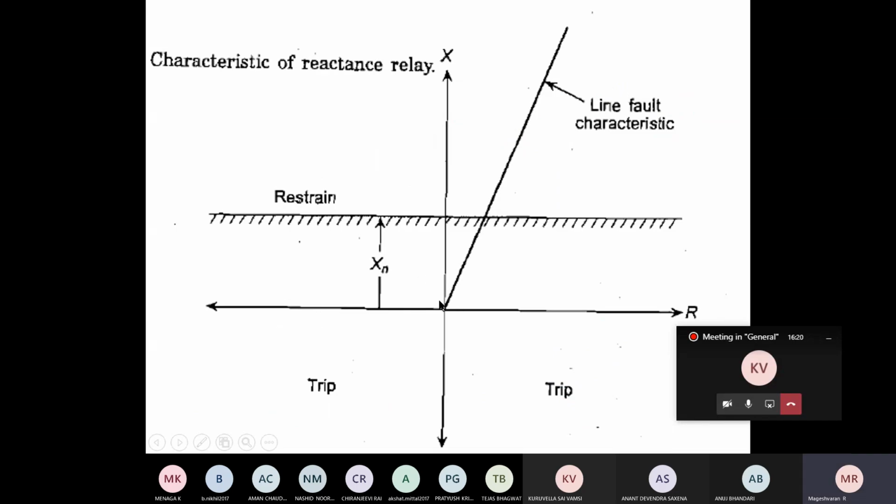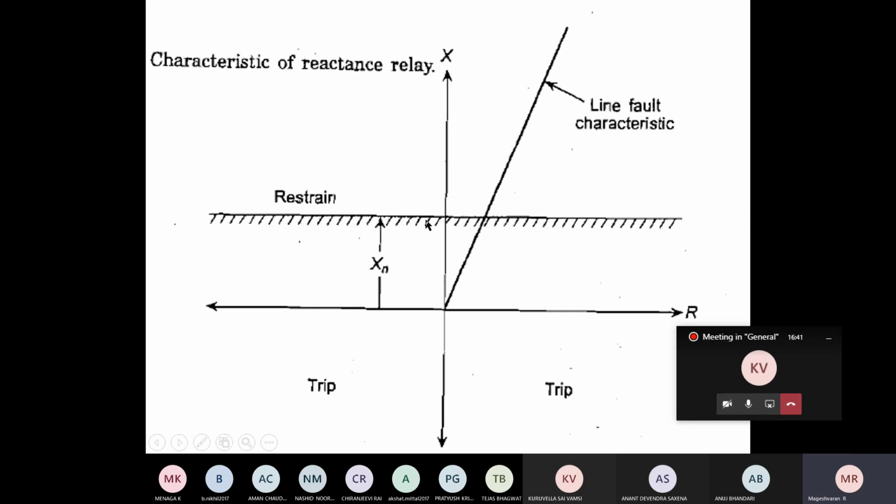Now we are incorporating the line fault characteristics on the relay characteristics, as we did for the simple impedance relay. Here also we have to show the area up to which the relay will operate.